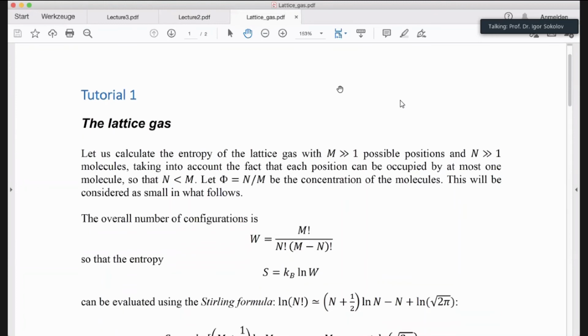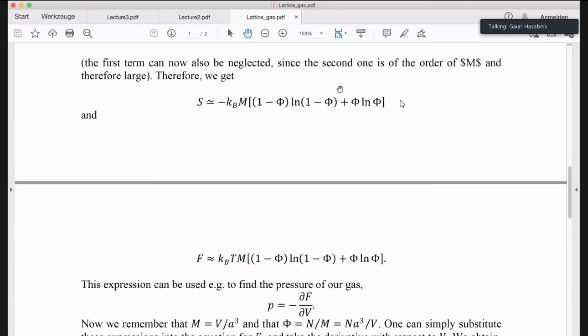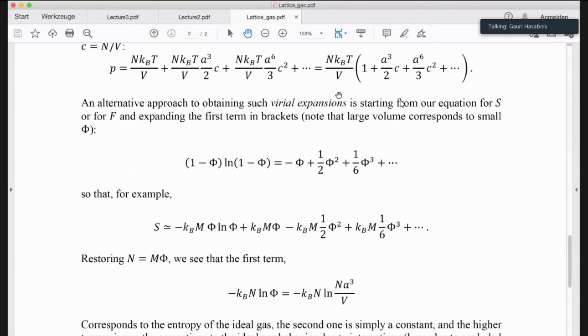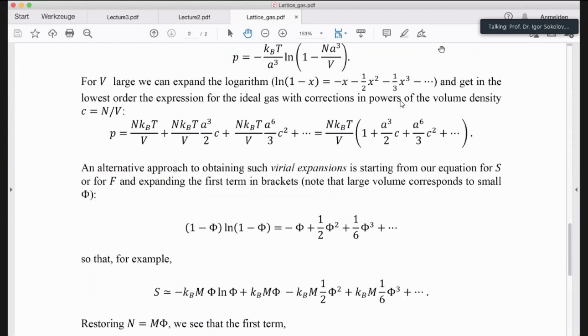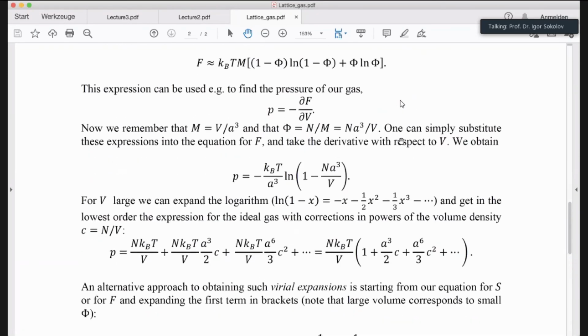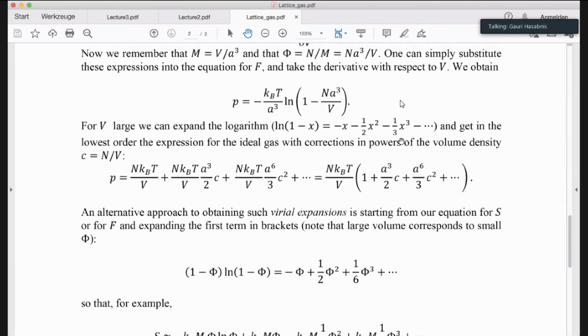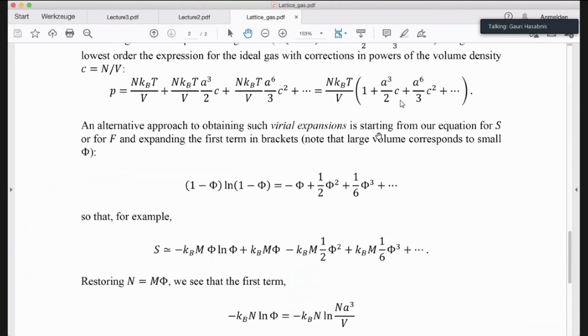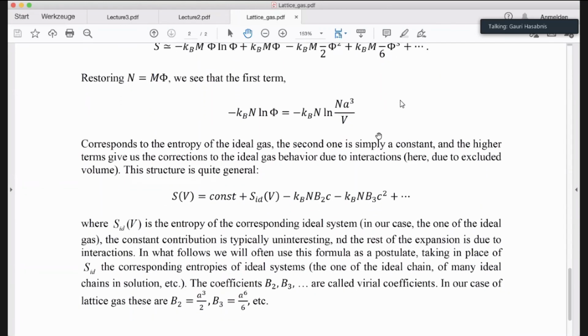Okay, lattice gas. Wonderful. In the last page, there is an alternate approach, and we get the final entropy equation below. You explain how to substitute, and we get the final equation.